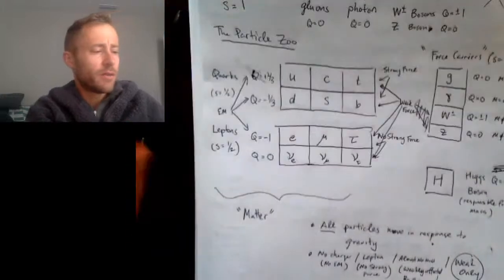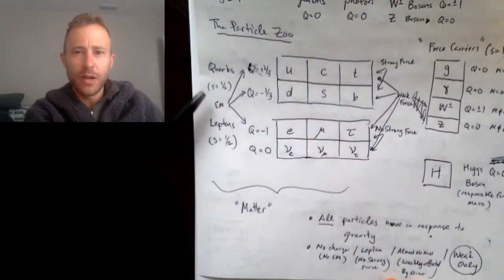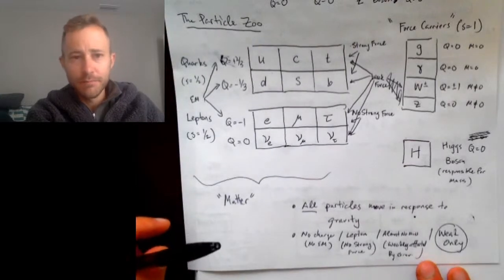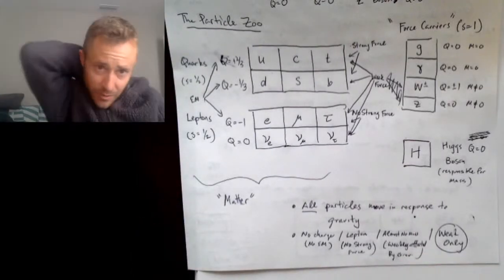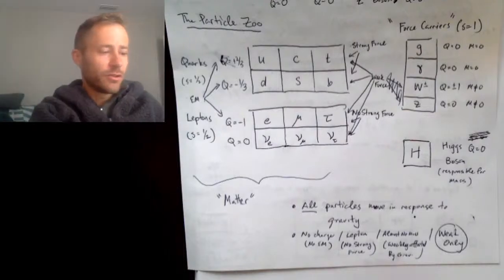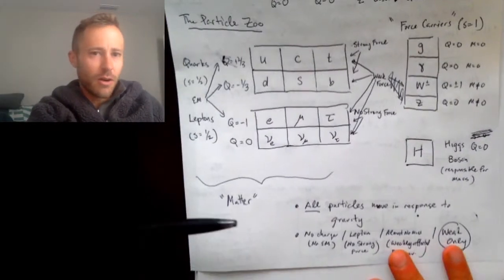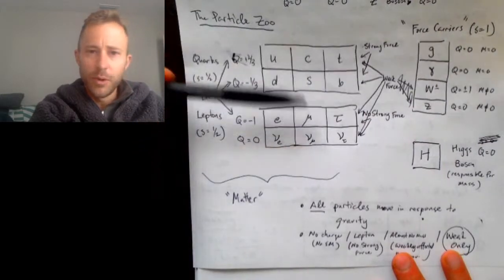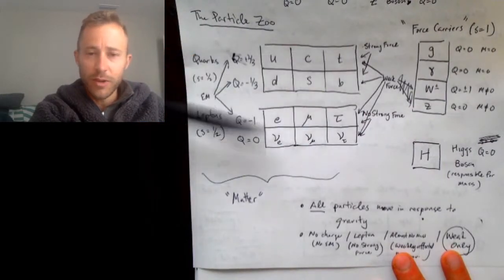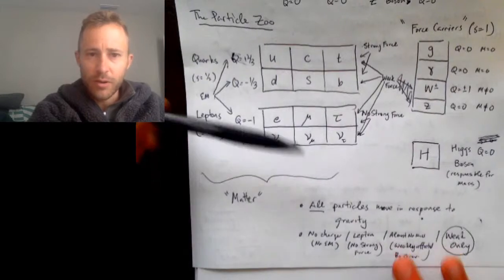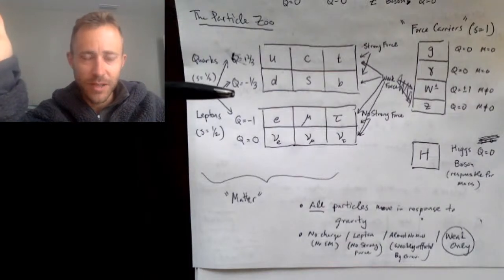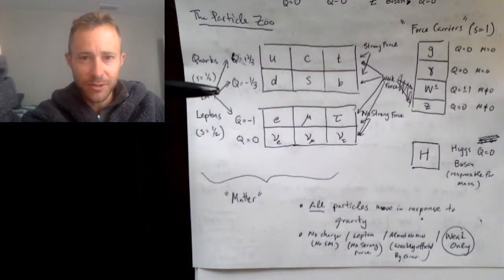Another thing I want to point out is that all of the matter particles have spin 1/2, and all of the force carriers have spin 1. You'll also notice that there are 3 columns for both quarks and leptons. Why are there 3 different types, differentiated by mass?